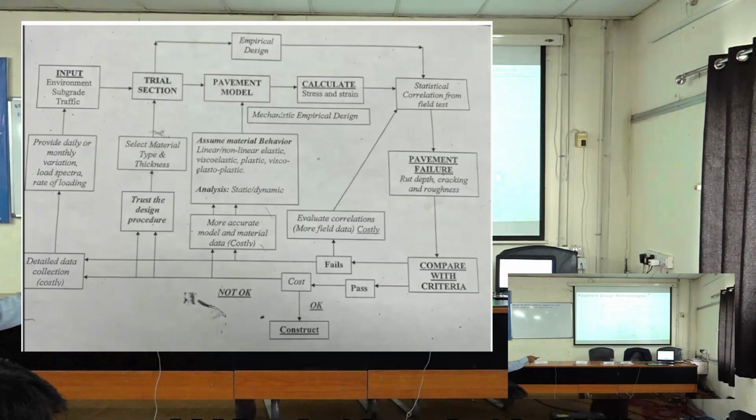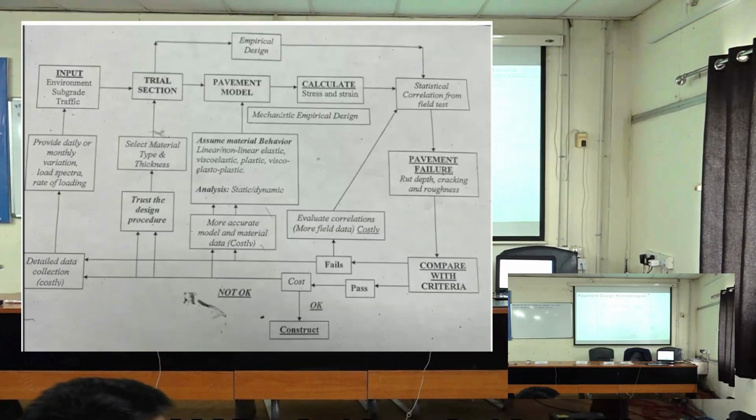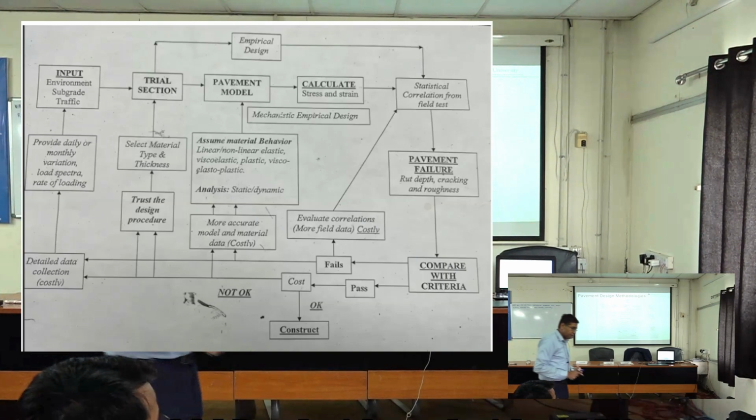You have to redesign, or if you are suspecting the design procedure, you have to go back to the drawing board and recalculate the correlation between stresses and strain and field performance. So that's your mechanistic empirical design.